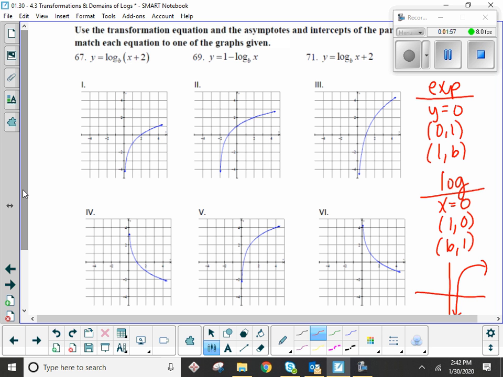Specifically, I want to talk about 67 and 61 first. What do you notice is the only difference between those two things? The parentheses. And that changes what kind of transformation is going on. When it has parentheses, that becomes an inside or horizontal shift. So that means left 2.